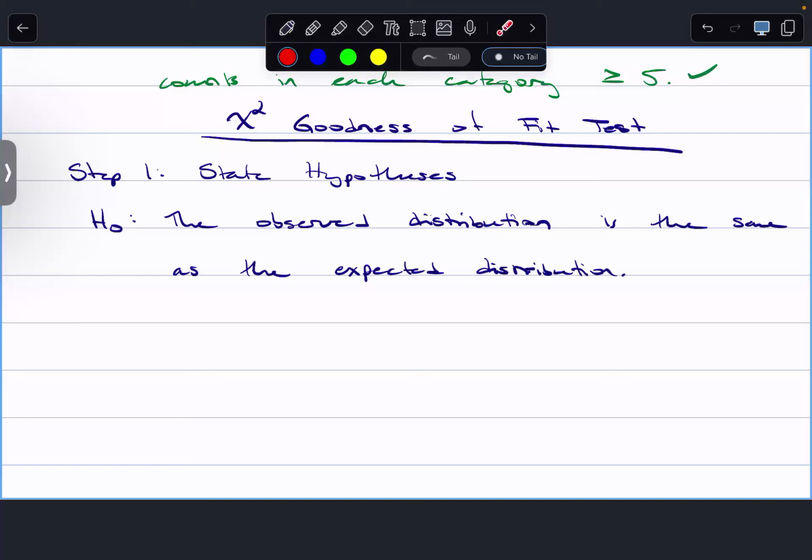This is generically the null hypothesis for a chi-squared goodness of fit test.